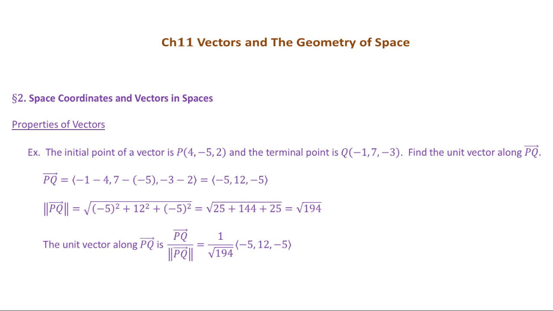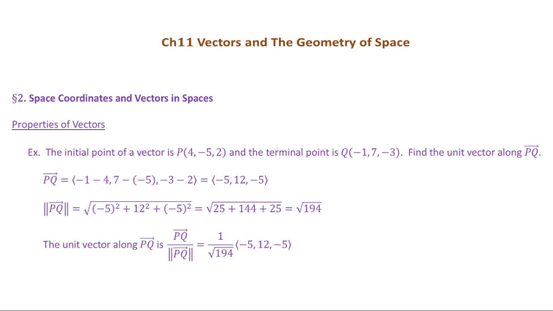Any questions? This will be acceptable in many cases if you just leave the answer in this form. It is okay to have radicals in the denominator in many cases. In most cases, you would multiply this 1 over square root of 194 into each component.